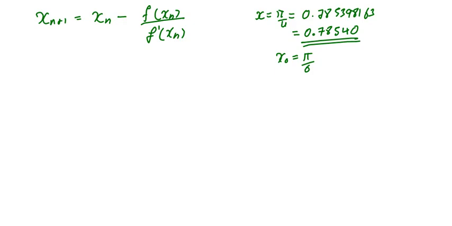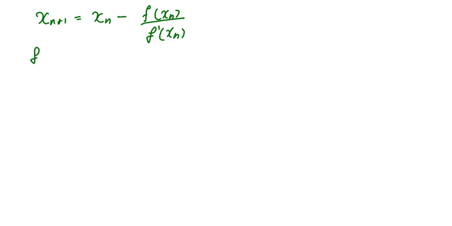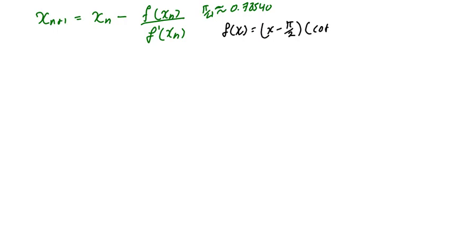Okay, let's begin. We are trying to approximate pi over 4, which is approximately 0.78540. Our function f of x is given as x minus pi over 2, times cot x minus 1.